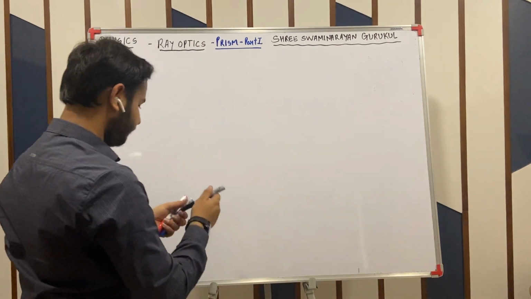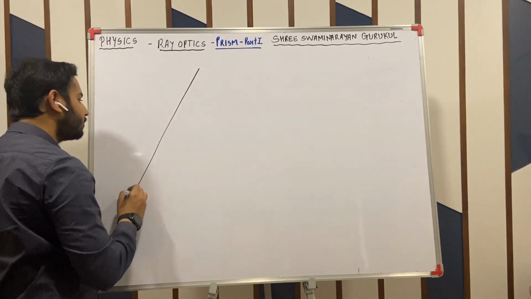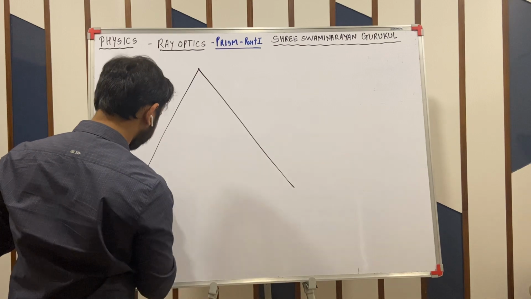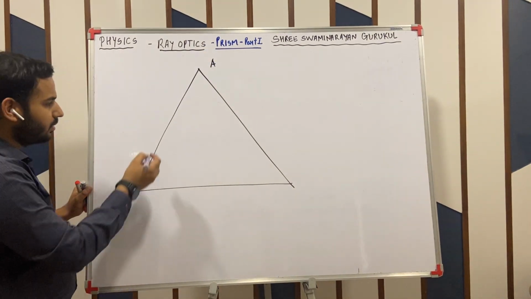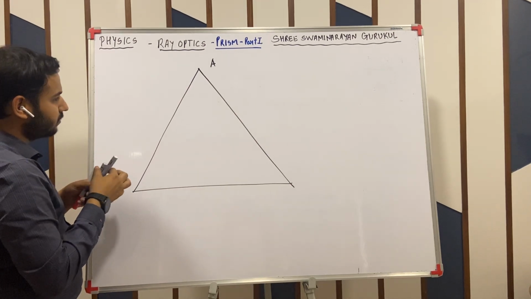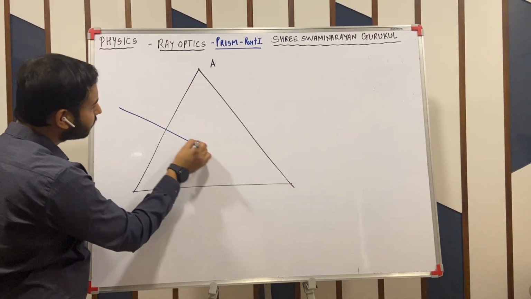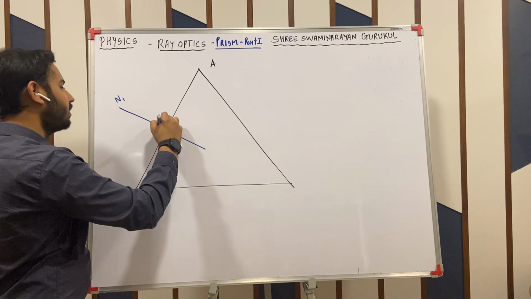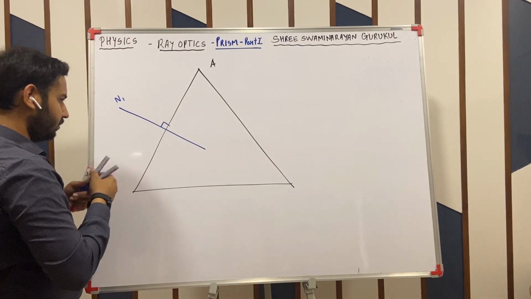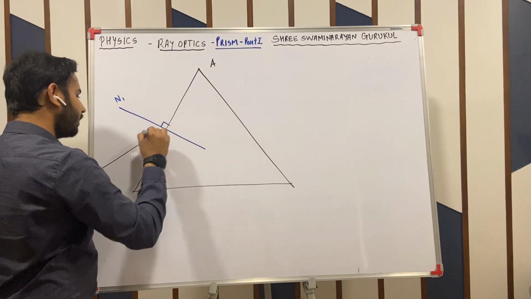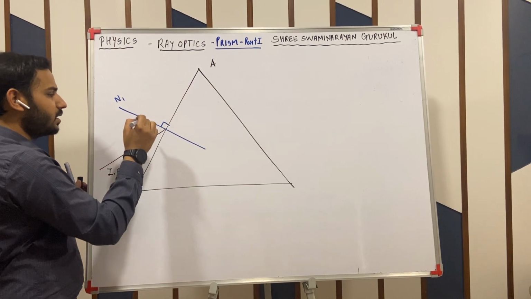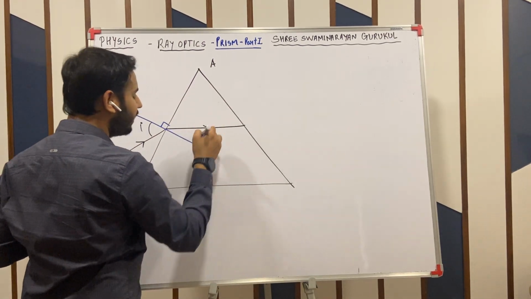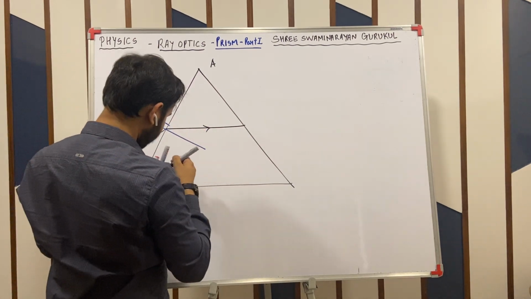See this, the prism angle A, the normal at surface 1. So this is the incident ray, angle of incidence I. Now the light ray is moving from rarer to denser.